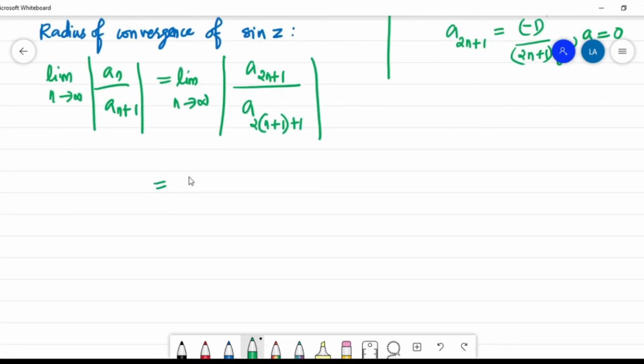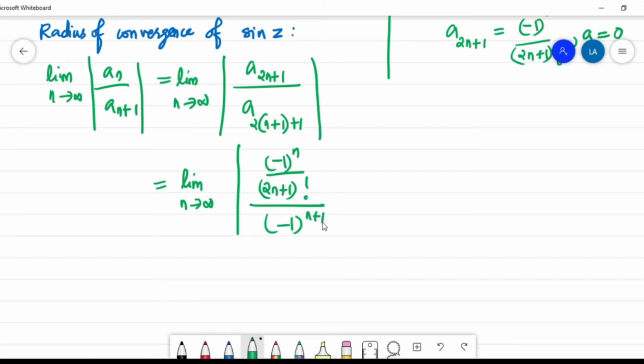That is equal to limit n tends to infinity minus 1 the whole raised to n divided by 2n plus 1 the whole factorial, that is a 2n plus 1 divided by minus 1 raised to, instead of n I am going to have n plus 1 replaced, 2 into n plus 1 the whole factorial, the whole under the modulus, and the minus 1 the whole raised to n and minus 1 the whole raised to n plus 1 will vanish to be equal to 1 because of the modulus sign. Rest is factorial, that will be definitely positive.